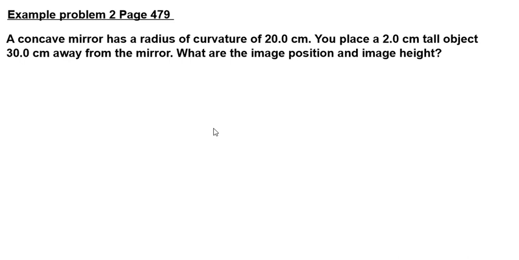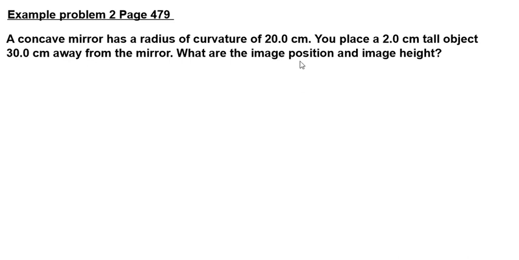A concave mirror has a radius of curvature of 20 centimeters. You place a 2 centimeter tall object 30 centimeters away from the mirror. What are the image position and the image height? So we have 20 centimeters radius of curvature R, the height of the object is 2 centimeters, and the object distance is 30 centimeters.